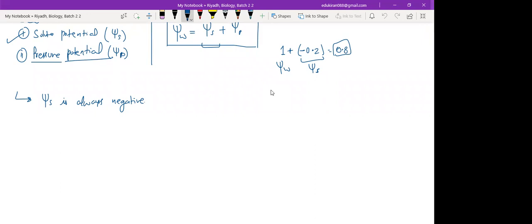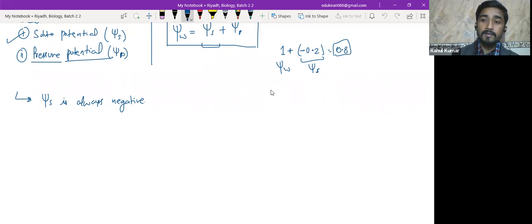Very good. So that's why when we define water potential, we always have to say that all the solutions have a lower water potential than pure water at 1 atmospheric pressure. So defining that 1 atmospheric pressure is very important. Is it clear?